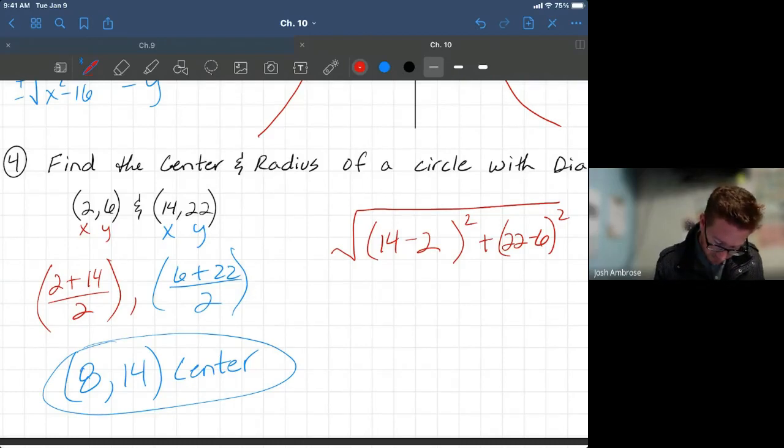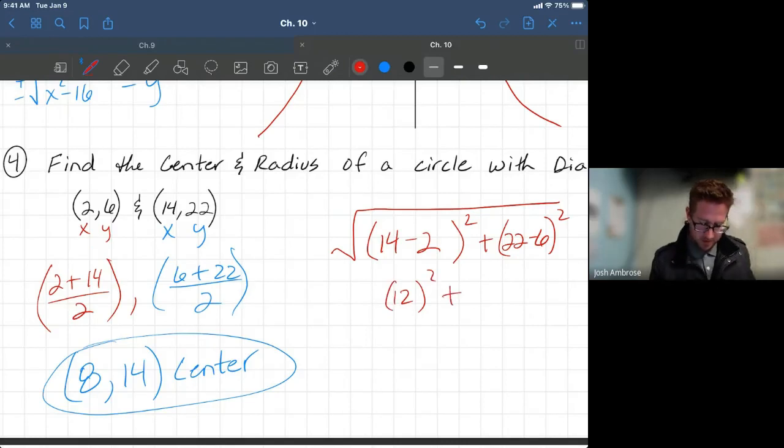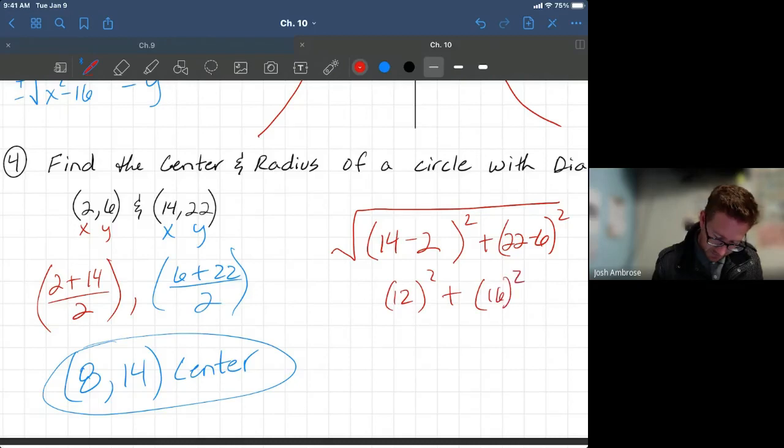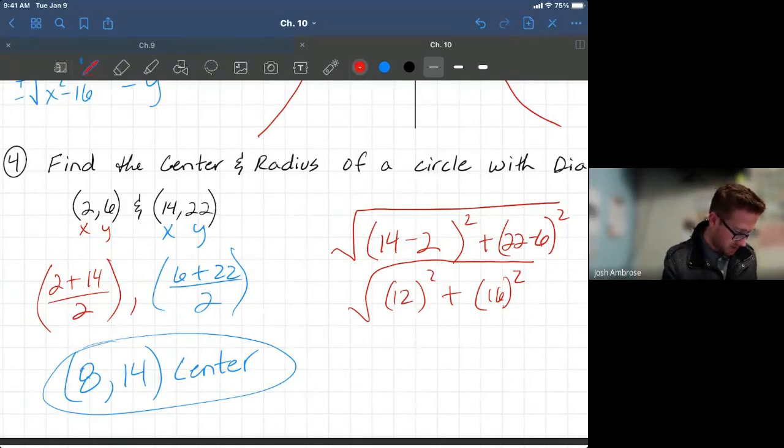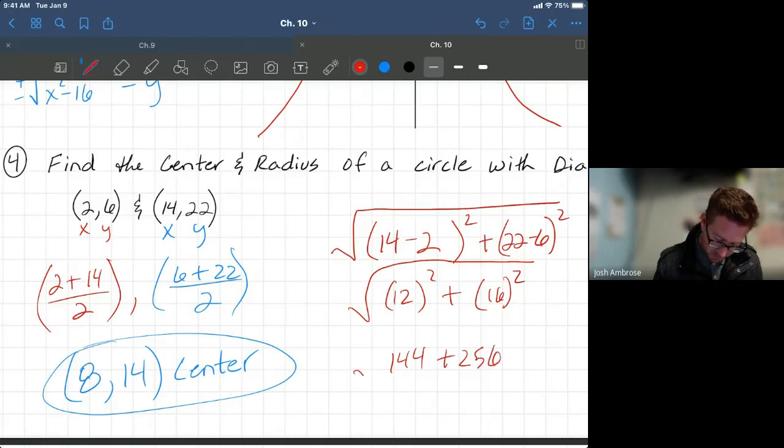Okay, that's going to give us 12 squared plus 22 minus 6, squared, and then you're still going to have to take a square root here. So 12 squared is 144, 16 squared is 256. And we're still going to have to take the square root of that.